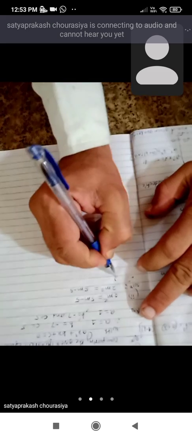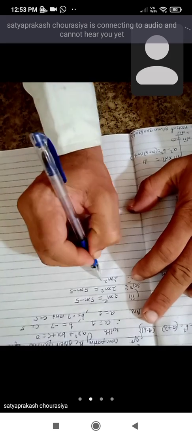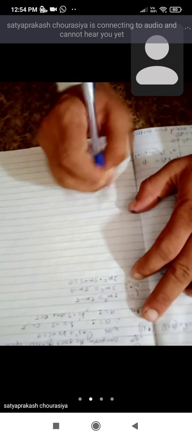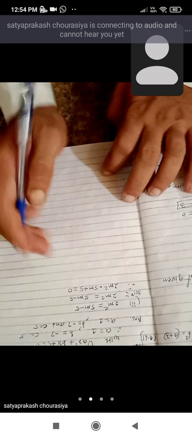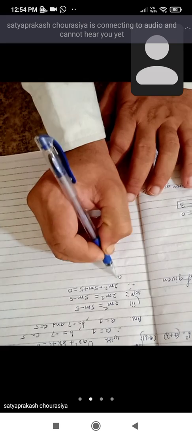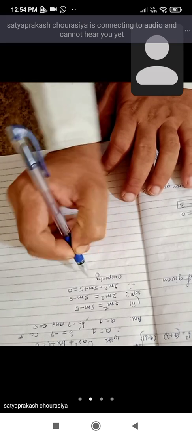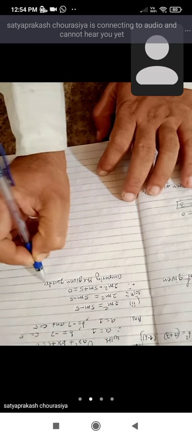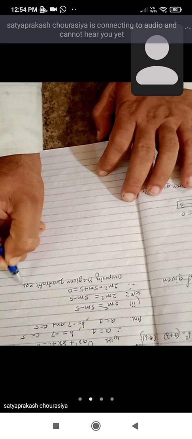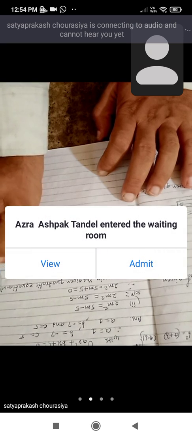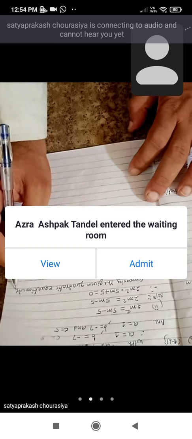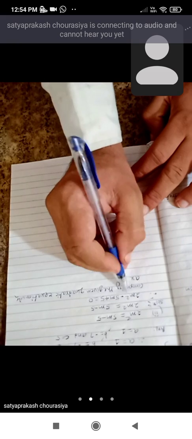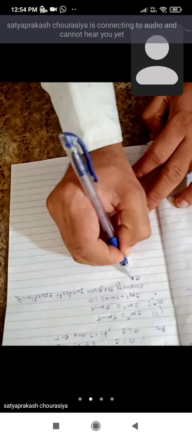Okay. 2m square. Now we are bringing both terms to the left hand side, so this will become minus 5 and this minus 5 will become plus 5, and here 0 will be there. Now see, comparing the given quadratic equation with a x square plus b x plus c is equals to 0. So in place of x we will write m because the variable is m.